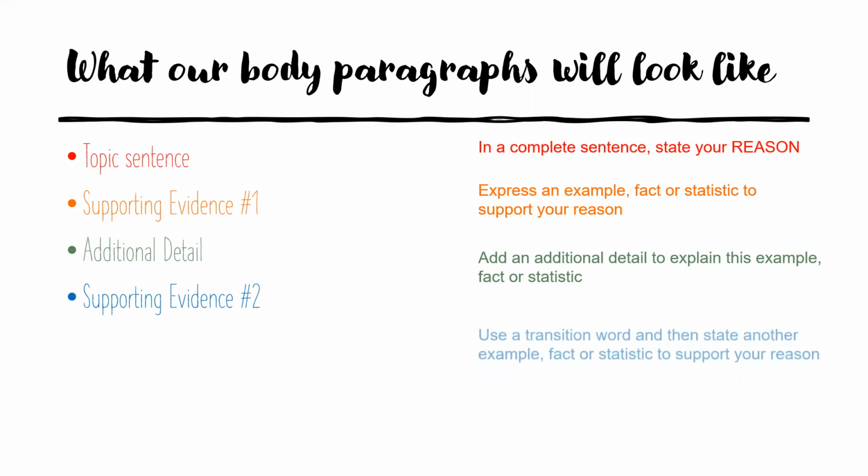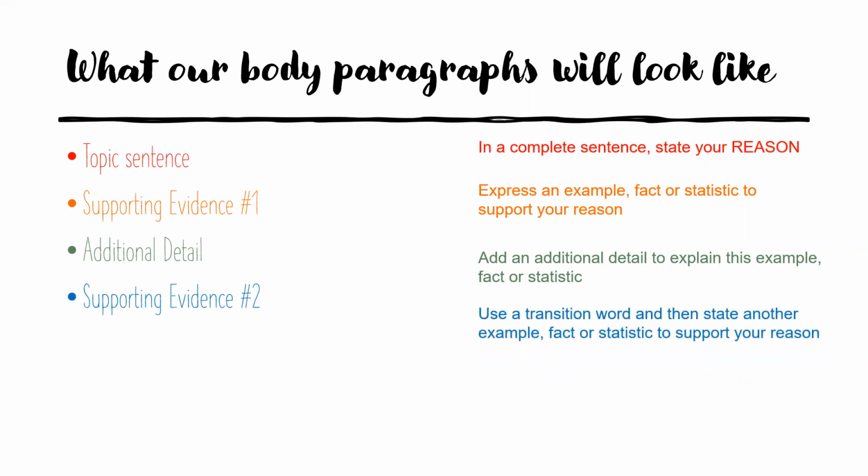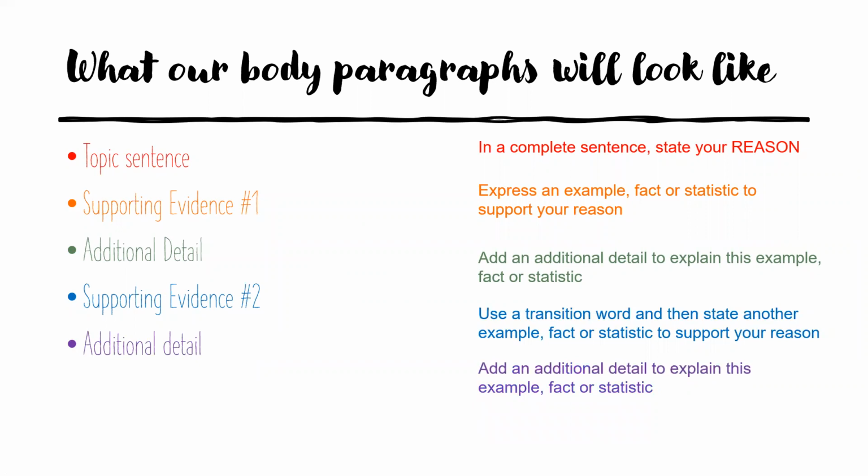Supporting evidence too: we're going to use a transition word, using that handy dandy chart, and state another example, fact, or statistic to support our reason. And we're going to have an additional detail that explains that second piece of evidence, and have a concluding sentence. We're going to sum up what we have said about our reason.